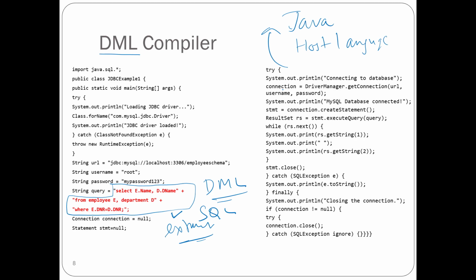So back to this example, right? We are using the Java programming language as a host programming language, and Java is an object-oriented programming language where the data is mostly represented in the form of objects, right? And for objects, you'll create a class and all. So the data structure would be kind of an object in the Java programming language.